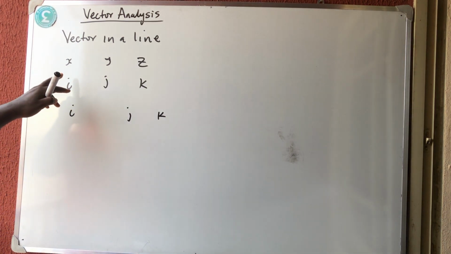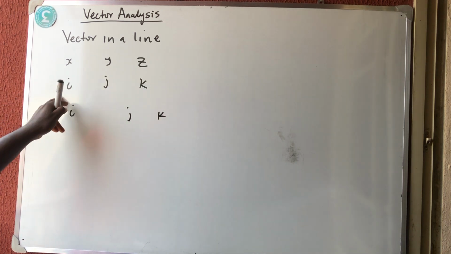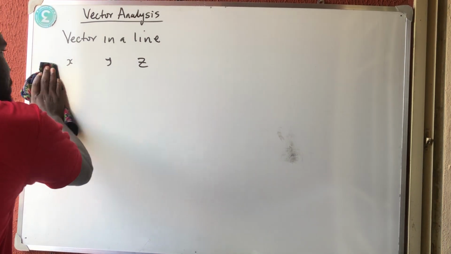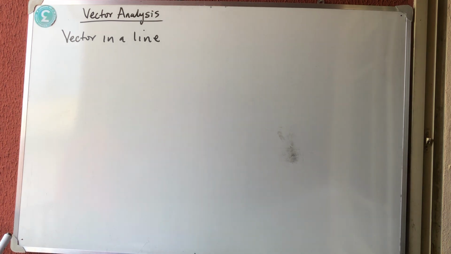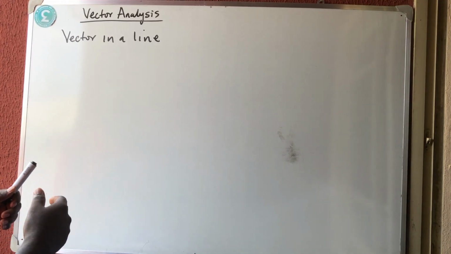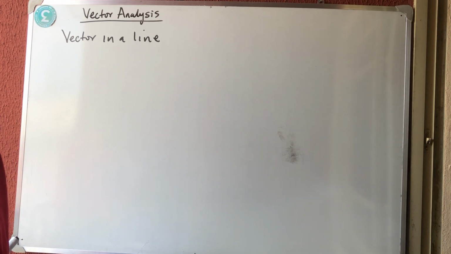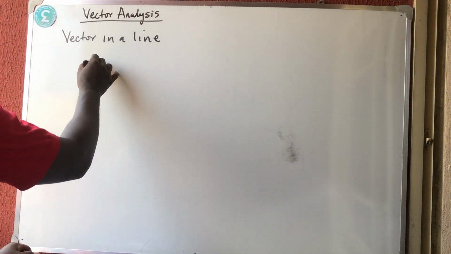You need to know this: x came first before y before z in the alphabet, and that is how i, j, k follow the alphabet. So if you see i, know that the vector is on the x-axis. If you see j, the vector is on the y-axis. K, the vector is on the z-axis. So if the unit of a vector has a magnitude of 8 along the x-axis, we just say that is 8i.